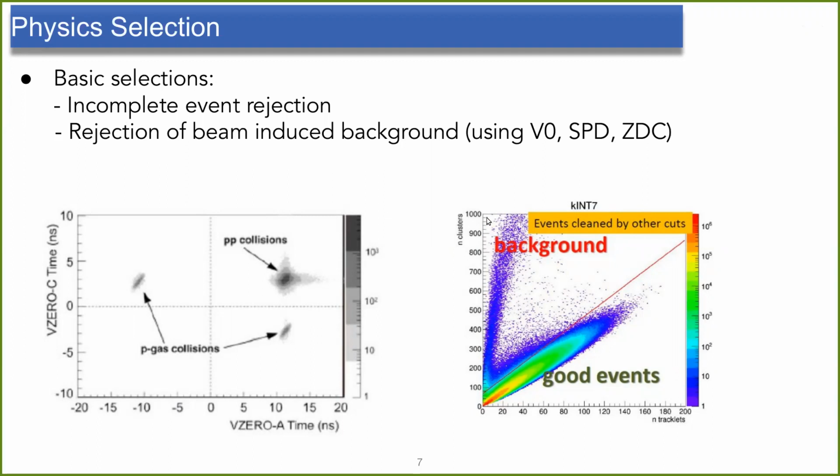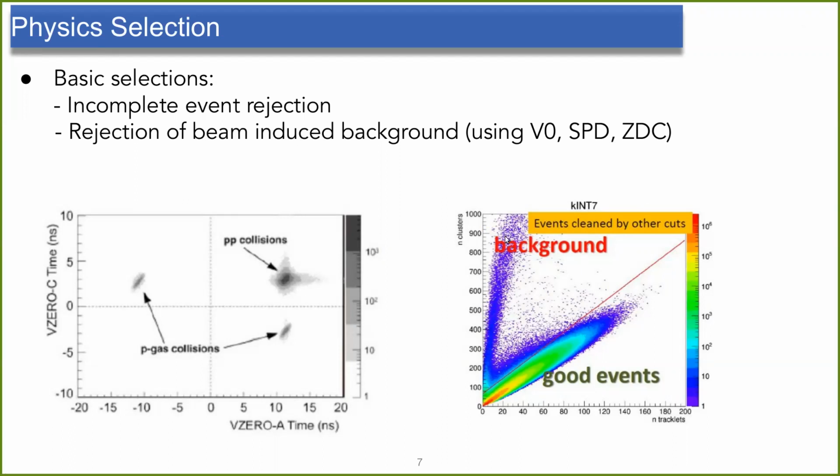So what is this SPD cluster? That is basically the number of chips in the SPD that fire during the collision. These two should always be linearly correlated, because the number of clusters that fire should be proportional to the number of tracklets.